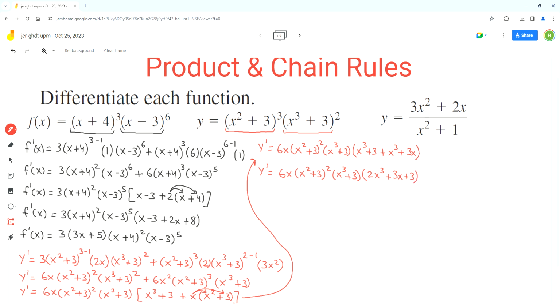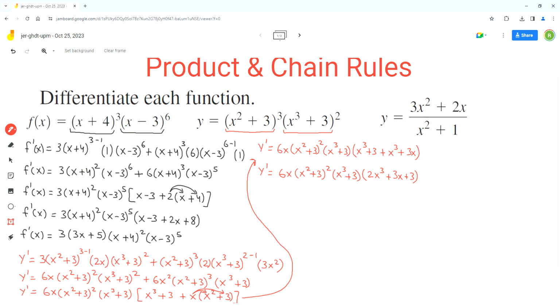So we combine the like terms. So x cubed plus x cubed, which is 2x cubed, and then 3x plus 3 stay the same, and we arrange them in the descending order of exponents of x. So this should be the final answer for the derivative of the second function.